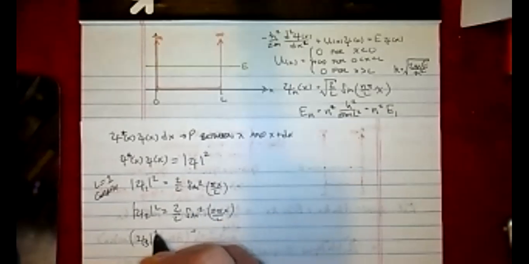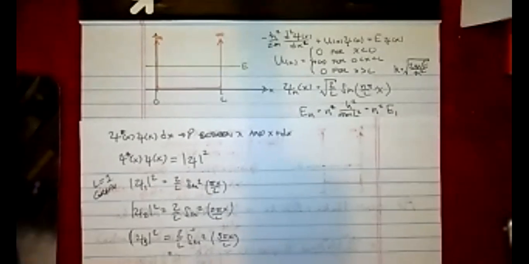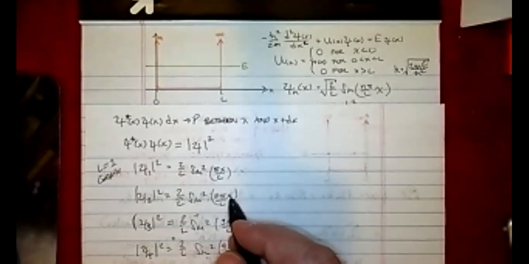Psi 3 squared is going to be 2 over L times the sine squared of 3 pi x over L. And finally, I will say psi 4 squared is 2 over L times the sine squared 4 pi x over L. And I think you can tell, since I got a whole wavelength there, I'm going to get 2 wavelengths in there from here.